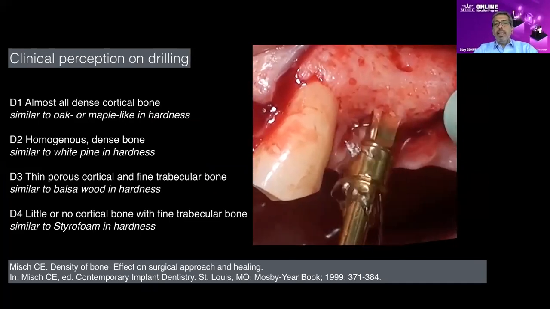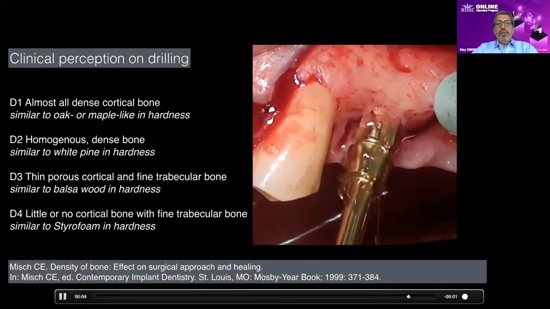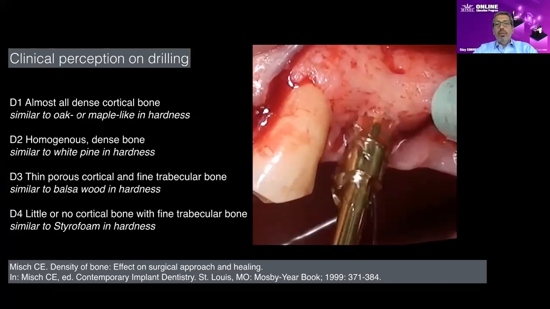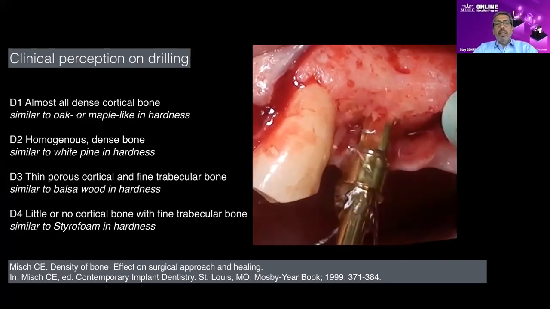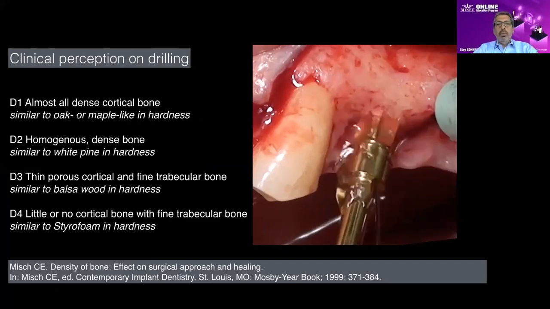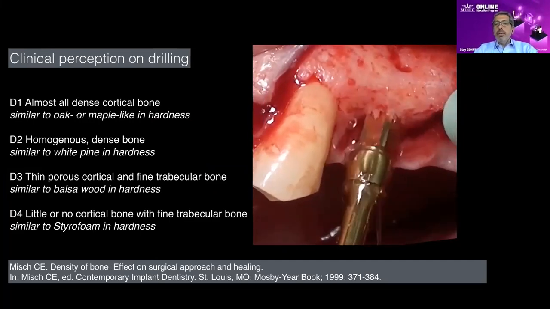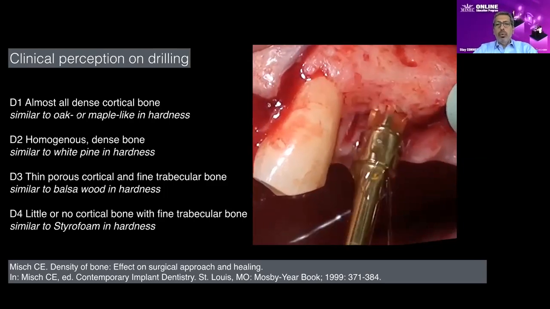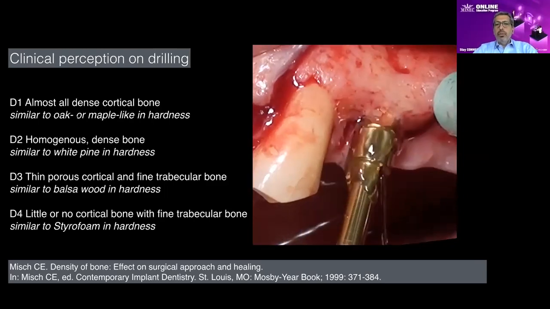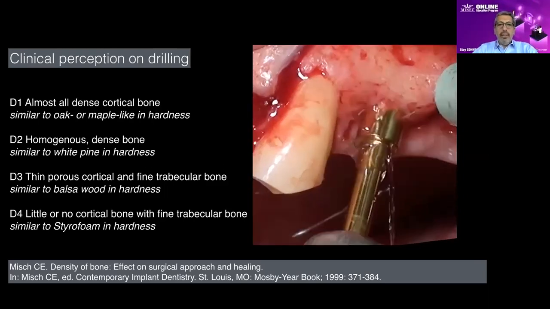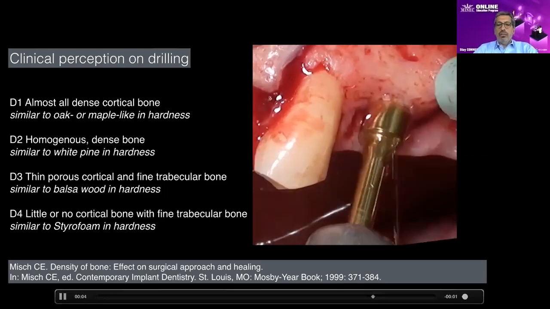In this case, Misch described four different types of bone based on the way we feel this bone, where D1, which is almost all dense cortical bone, feels like oak, for instance, because he compared the bone to wood, and D4 feels like styrofoam in hardness. So while we are drilling into this bone, we can tell if this bone is hard or soft.